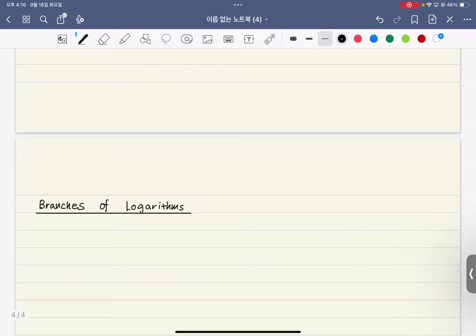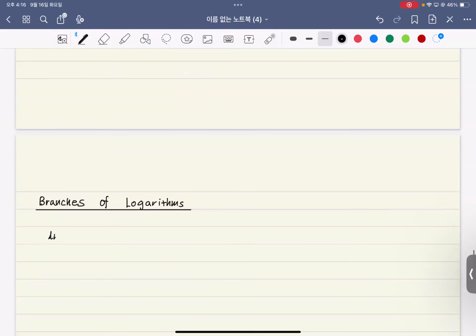So let me go back to our definition of the log function. This is our definition of the multi-valued log function.